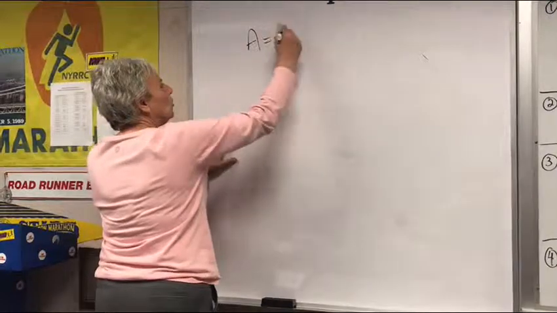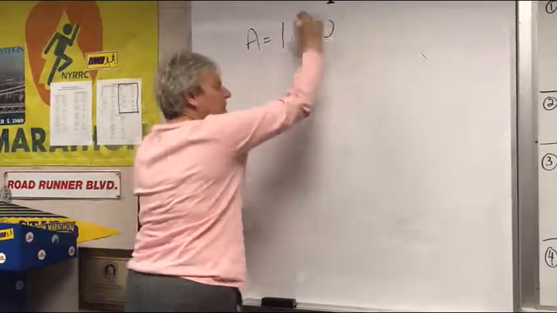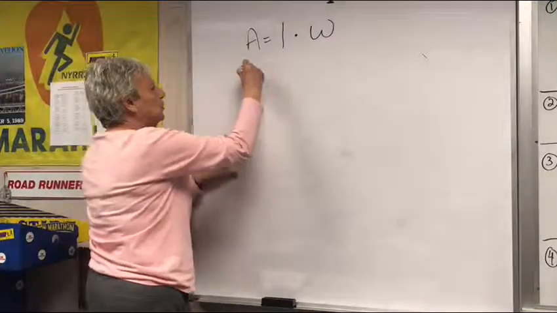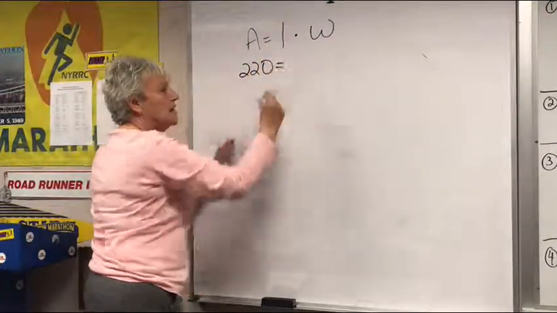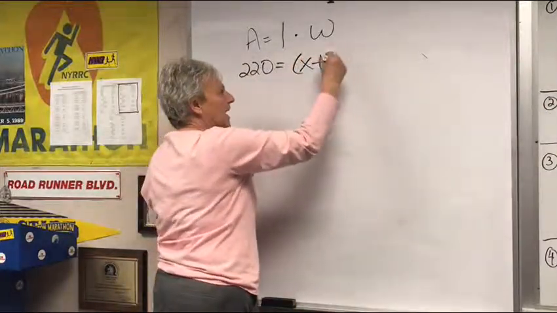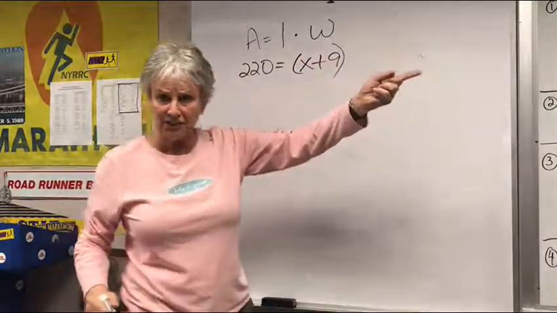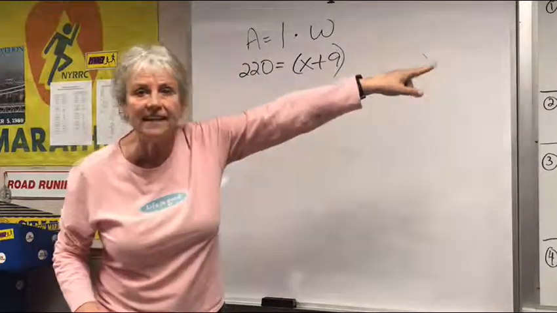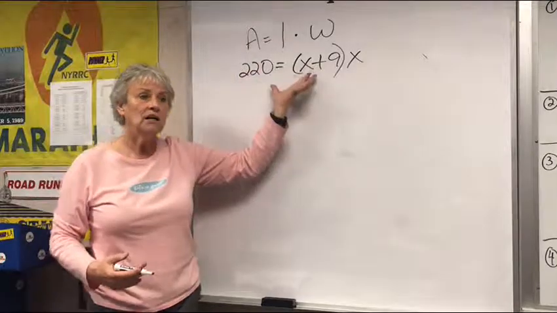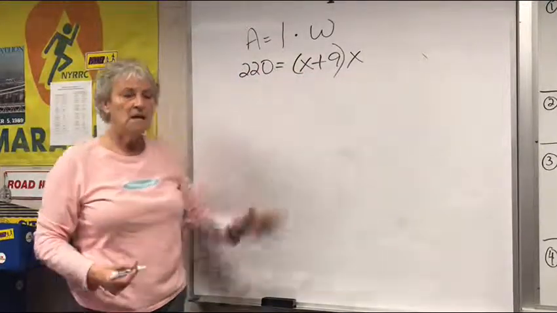Area equals length times width. The area given in this problem is 220. The length is x plus 9. This is a question from last year's test. The width is x. So bottom line is you have to know how to solve this.